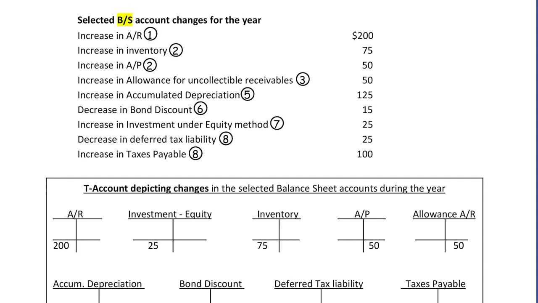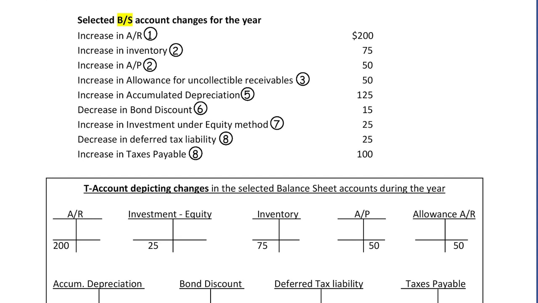The depreciation expense on the income statement relates to accumulated depreciation on the balance sheet. So that's number 5. Interest expense on the income statement relates to bond discount on the balance sheet. So you got number 6 for decrease in bond discount. The equity in earnings of investee on the income statement relates to the investment account on the balance sheet.